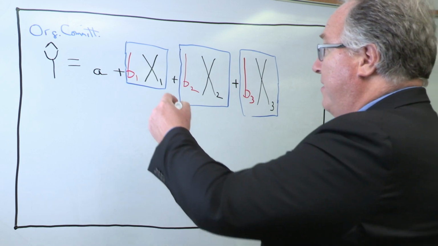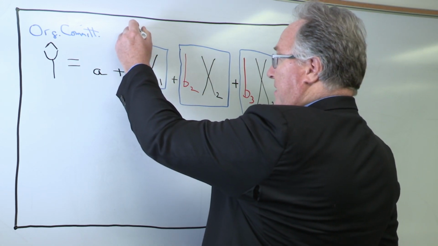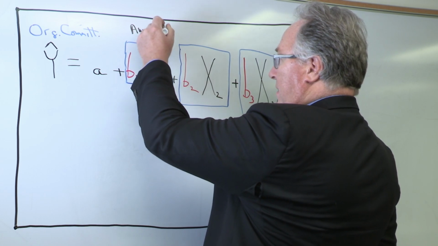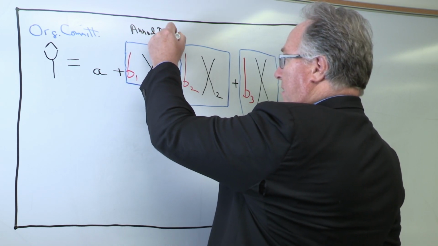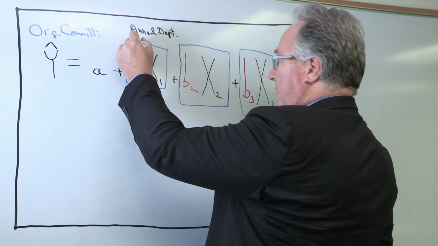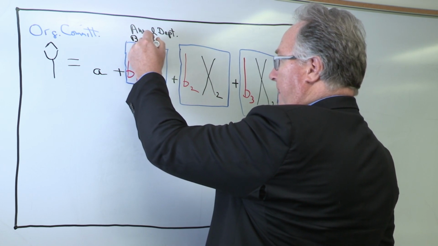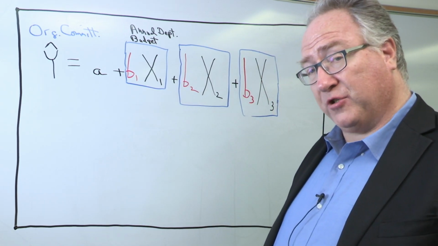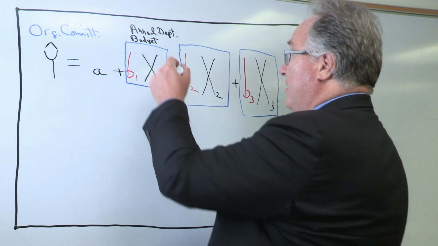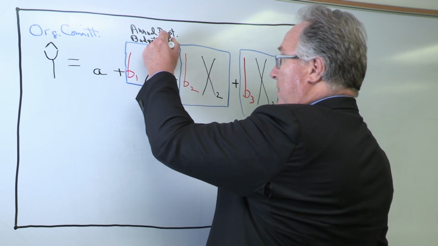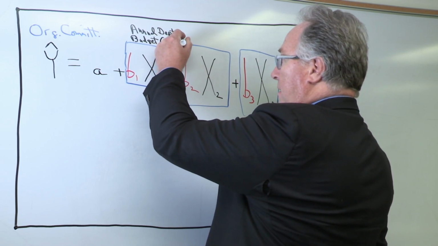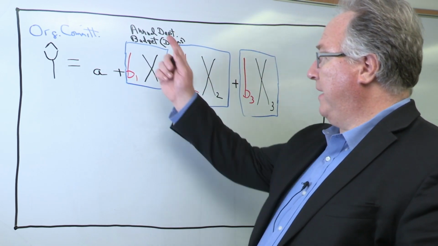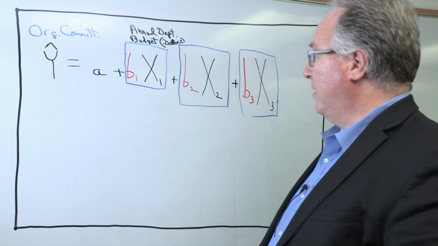Let's say this one is annual department budget. It's important to note what units the predictor variable measure is in. So it's measured in dollars. Okay, so that's our first predictor variable, annual department budget measured in dollars.